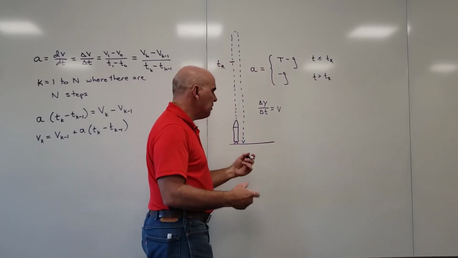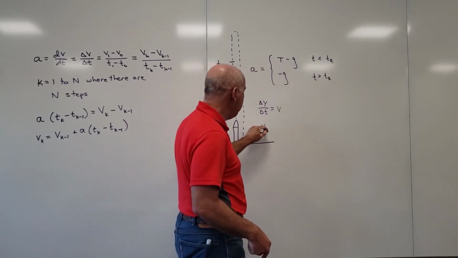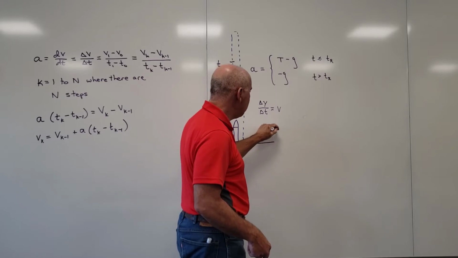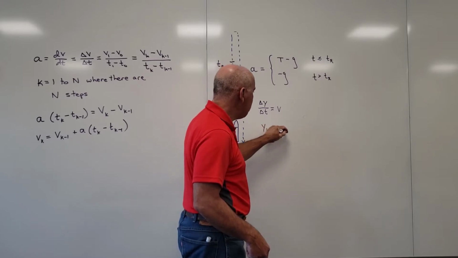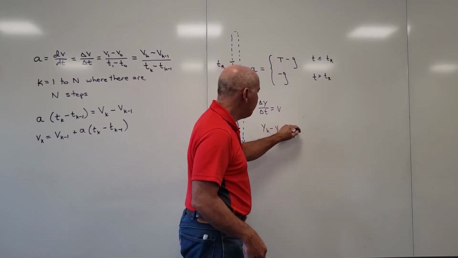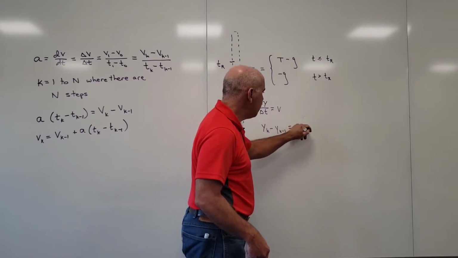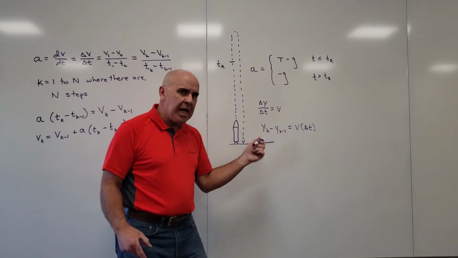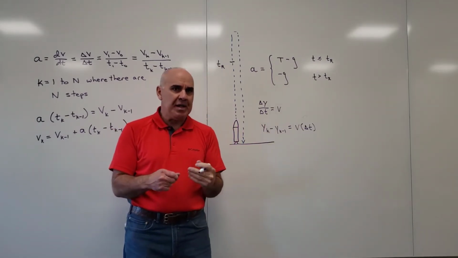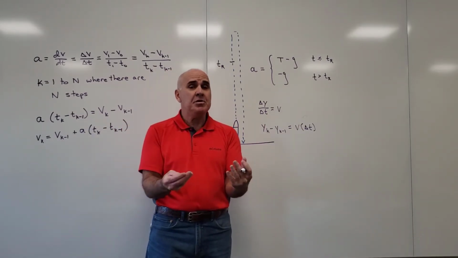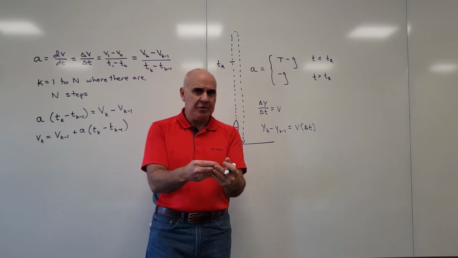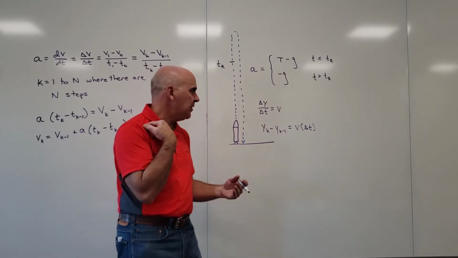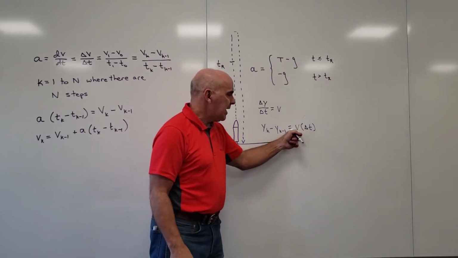And so in a similar fashion, I can say y sub k minus y sub k minus 1 equals v, and I'm just going to stick with delta t here. And here's my idea. The time interval will generally be the same in this kind of a problem. That may not always be true, but I'm going to say in this kind of a problem, the time interval is going to remain the same. And so that kind of simplifies this.